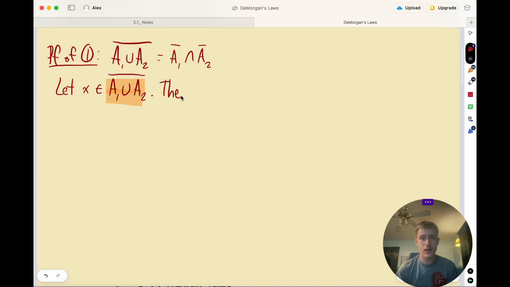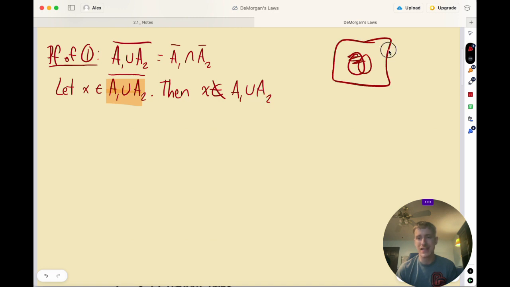Then by definition, if x is in the complement of this, that means x is not in this, which means it's not in the union of A1 and A2. Again, you can draw a Venn diagram as you're doing these, but if x is not in this union, that means it's not in A1 and it's not in A2.